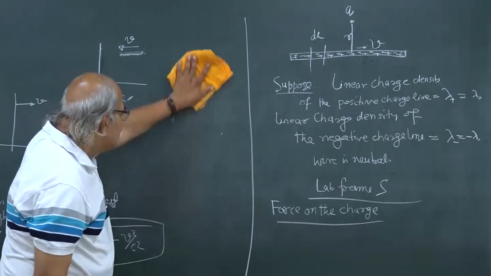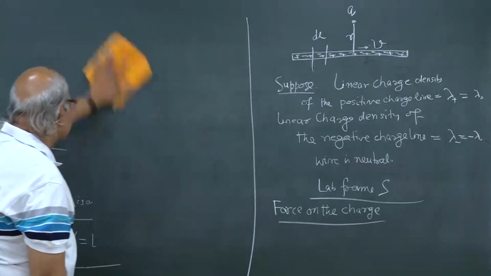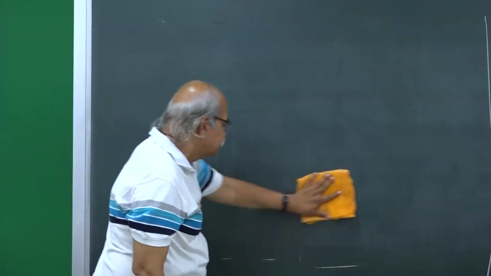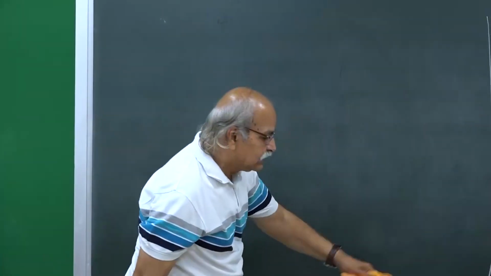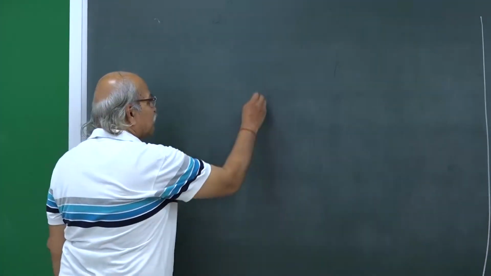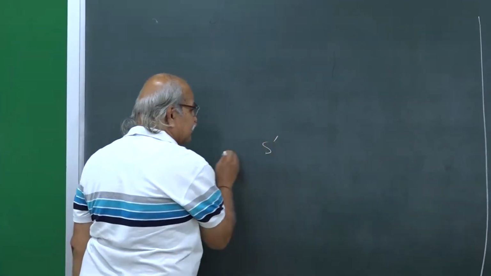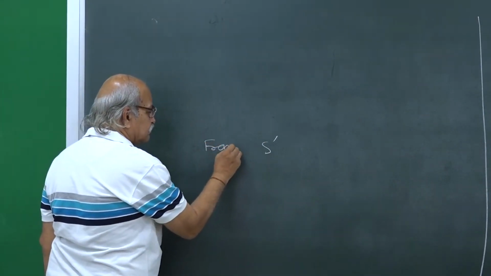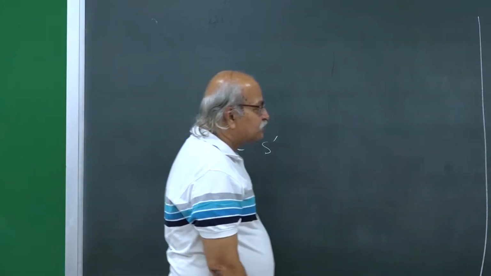Now, look at this whole situation from another frame S prime. So in S prime what will happen? Let us say this is frame S prime, and what is that frame S prime?